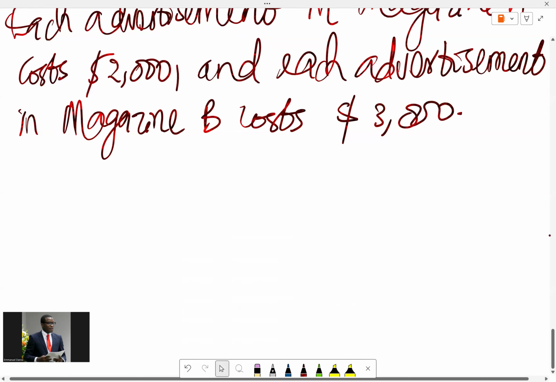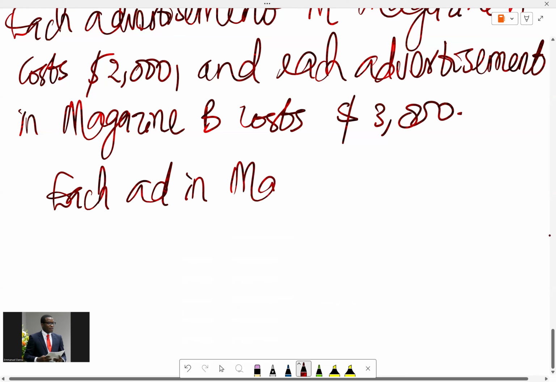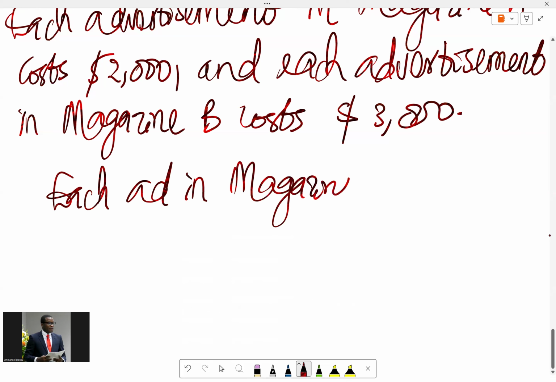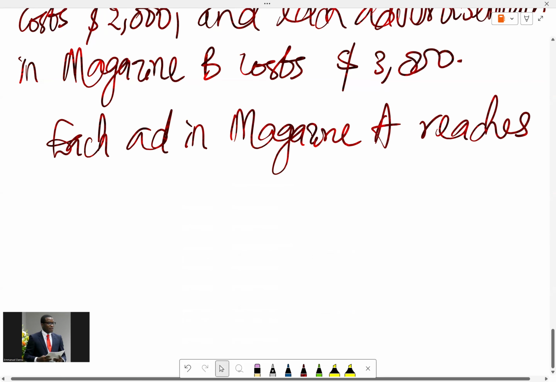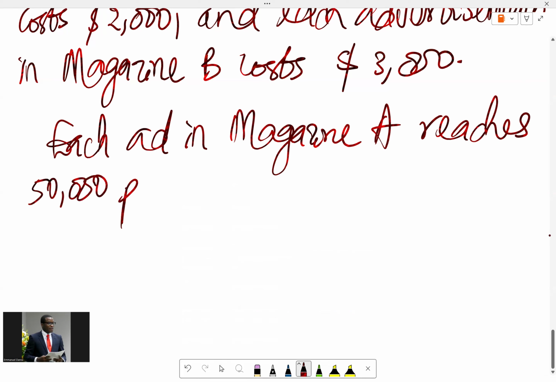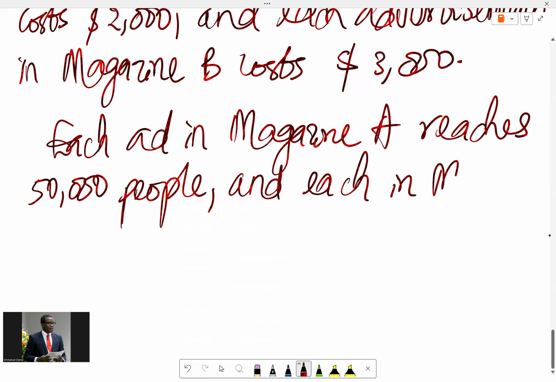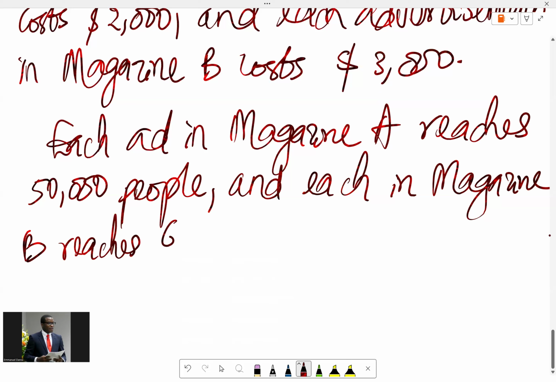Each ad in magazine A reaches 50,000 people, and each in magazine B reaches 60,000 people.